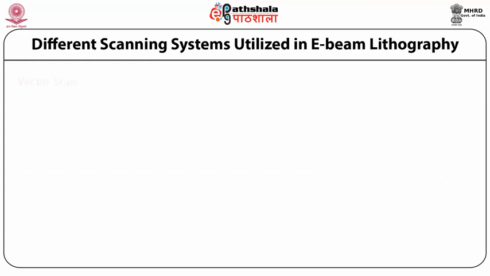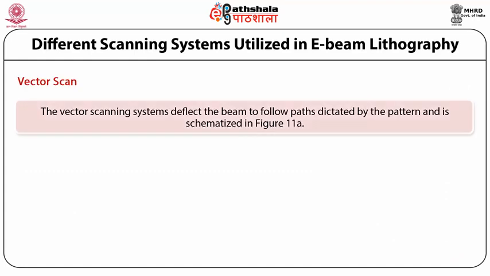First, in vector scan, the scanning systems deflect the beam to follow paths dictated by the pattern, and is schematized in Figure 11a.